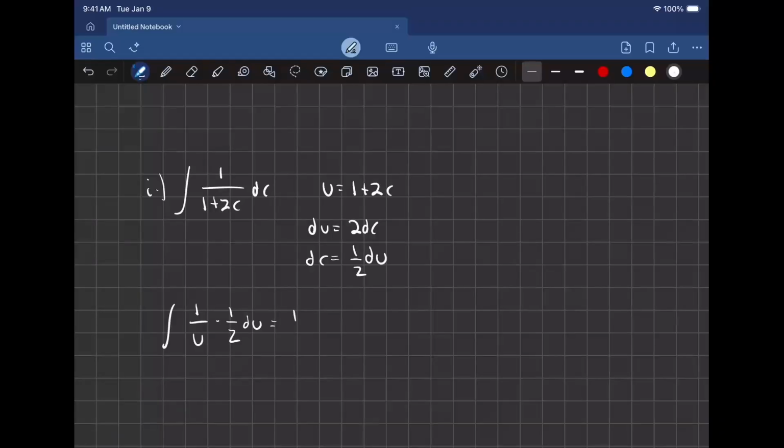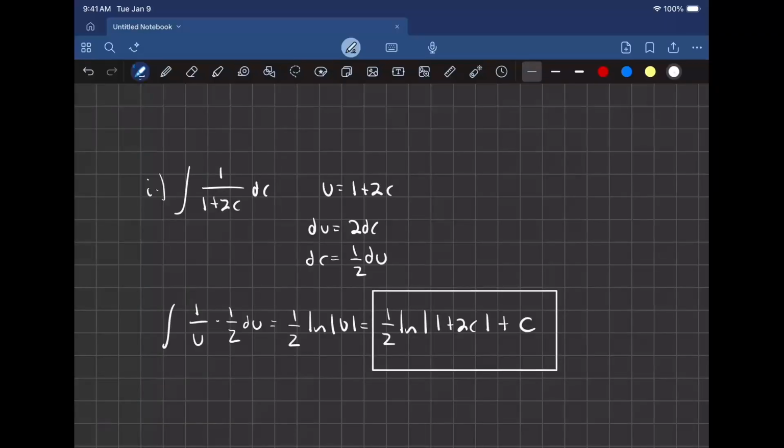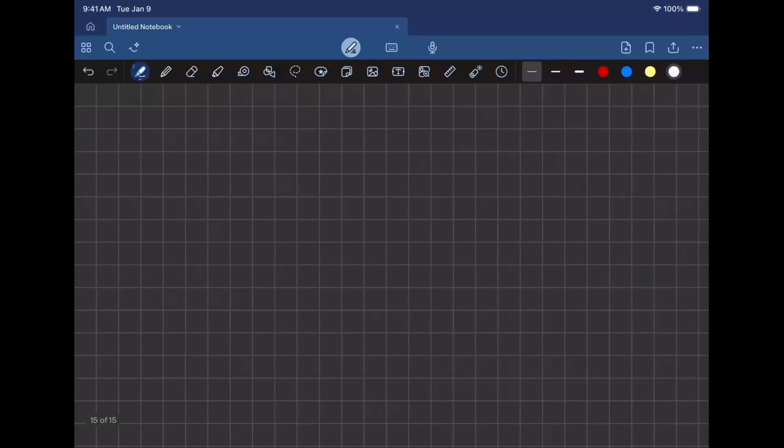So this will be 1/2 ln absolute value of u, which is equal to 1/2 ln absolute value of 1 plus 2r plus c. And that's our answer. Just a nice u substitution.